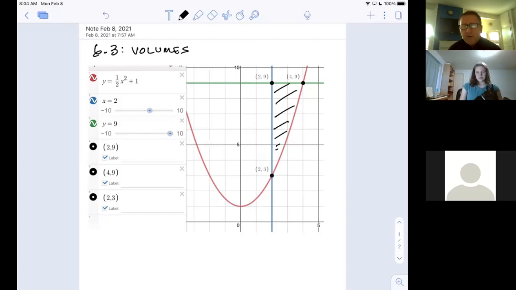And again, I hope that's not a hard question to you now. I hope that you look at that and think that's really cool that we can find the area of something curved now, as long as there's an equation that identifies it. Notice this particular one takes 3 equations. Y equals 9, the horizontal green line, x equals 2, the vertical blue line, and the red parabola. It takes all 3 of those to enclose a space.